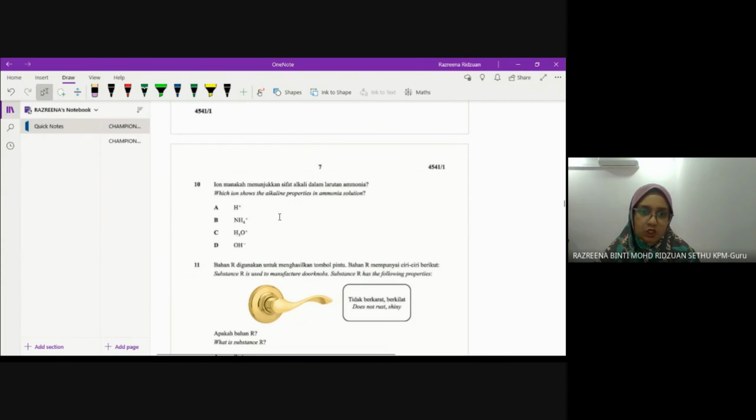Question 10. Which ion shows the alkaline properties in ammonia solution? This is ammonia solution, so ammonia means it is an alkali. They already tell you it is alkaline properties in ammonia solution.